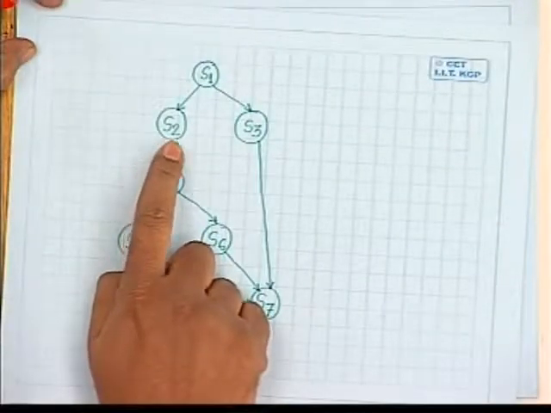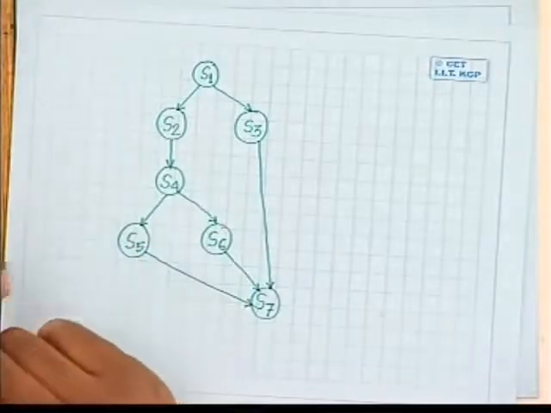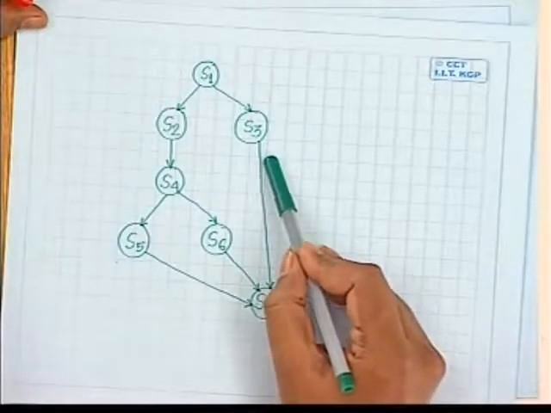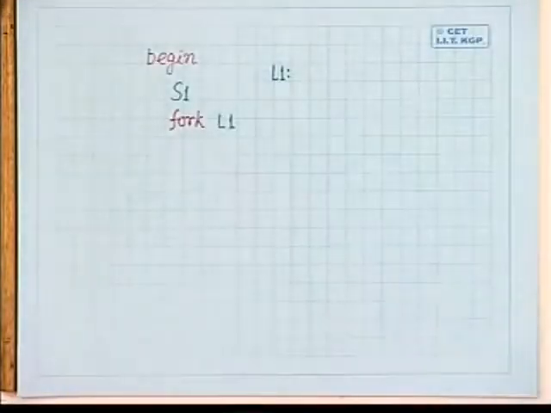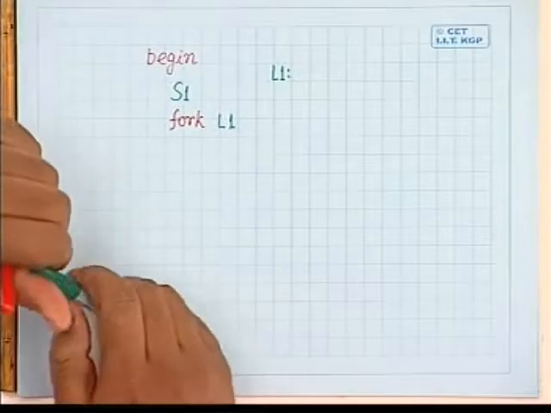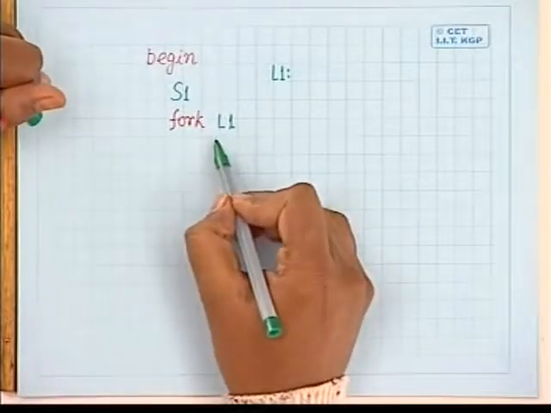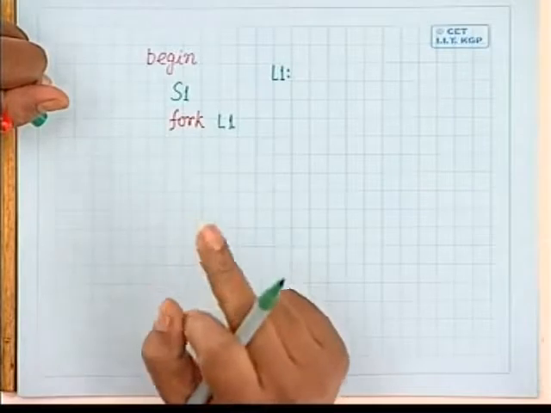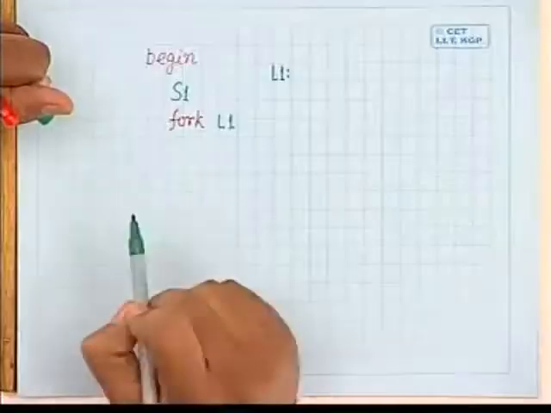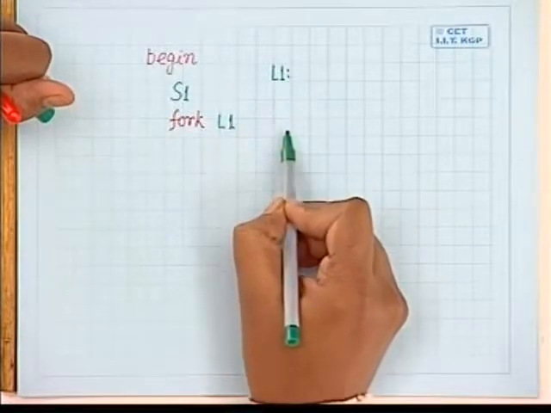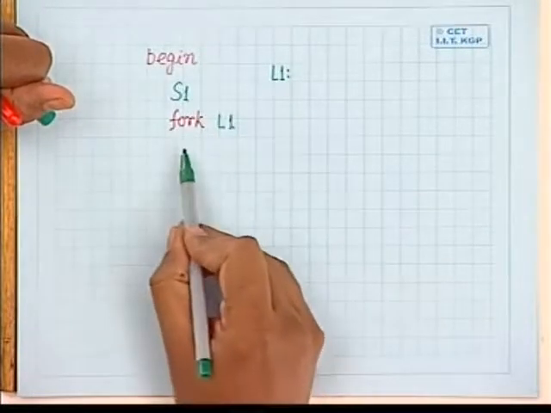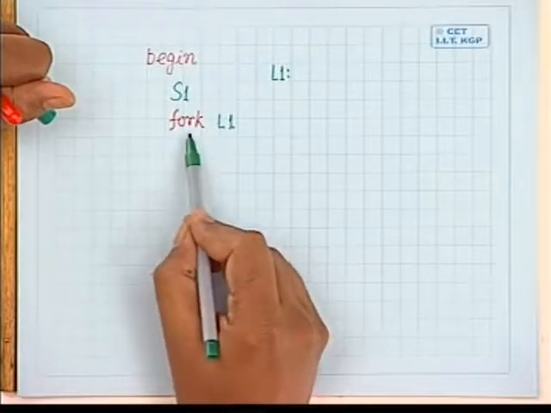After execution of S1, the fork statement creates an additional process, so now I have two processes, the parent and the child. One of these two will continue with the statement at label L1, and the other will continue with the statement following the fork.